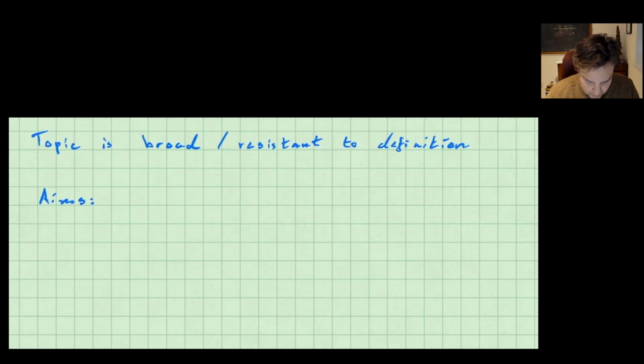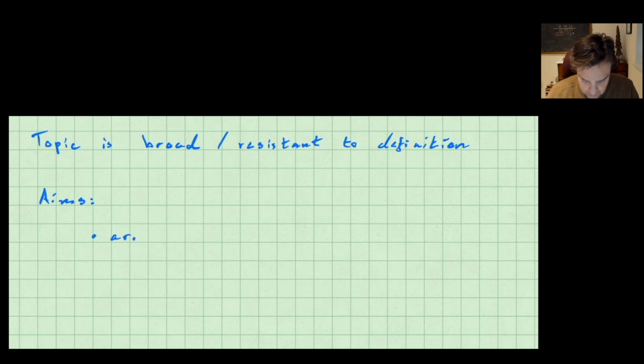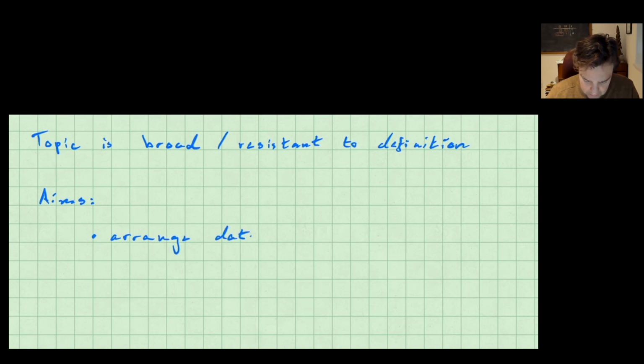So the one main aim is to arrange your data or observations into meaningful groups that get called clusters.